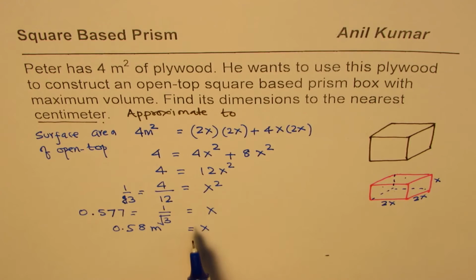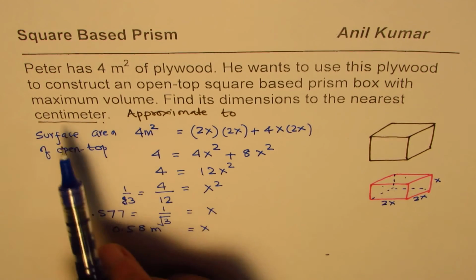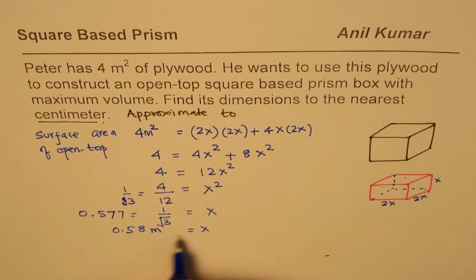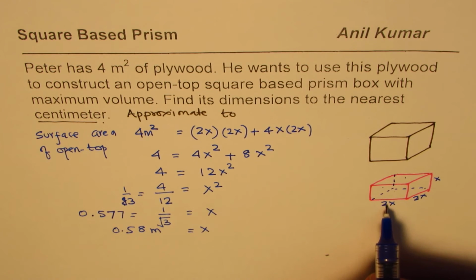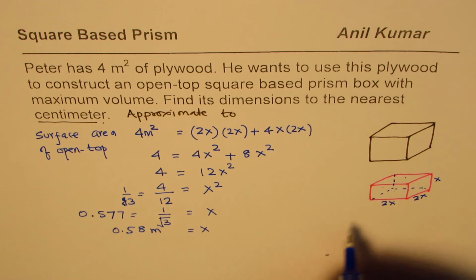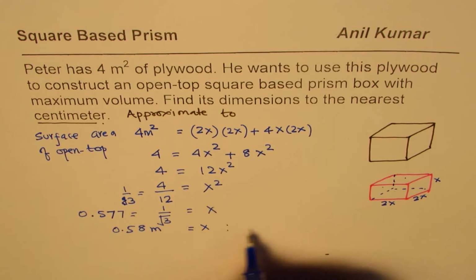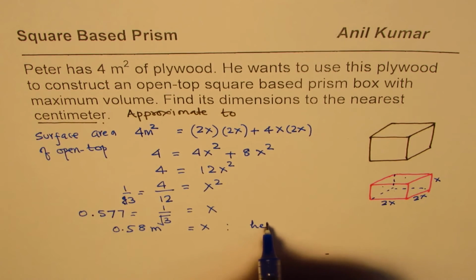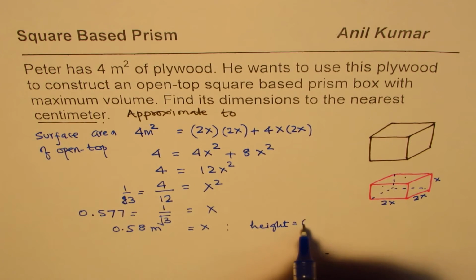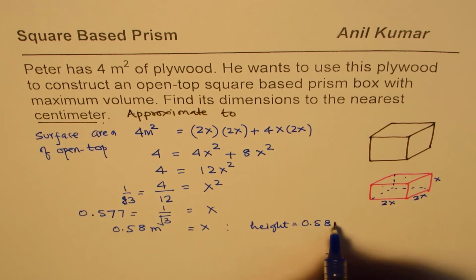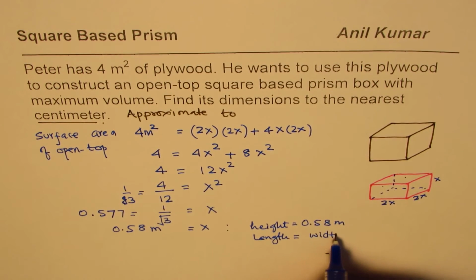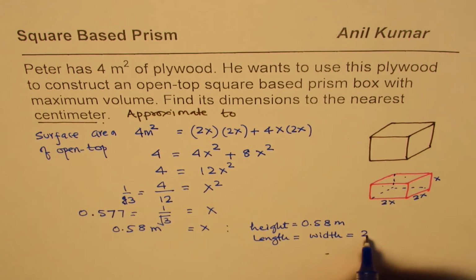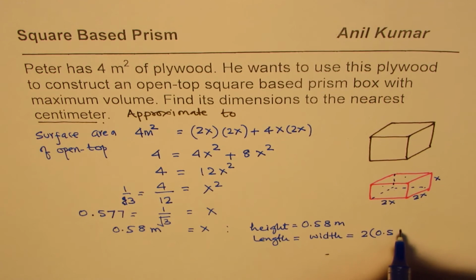Now the question is, find the dimensions to nearest centimeter. So x is the height, and the area of the base is 2x times 2x. So we know the length and width, so now we can get the height equals 0.58 meters, and the length, which is equal to the width, is 2 times 0.58.